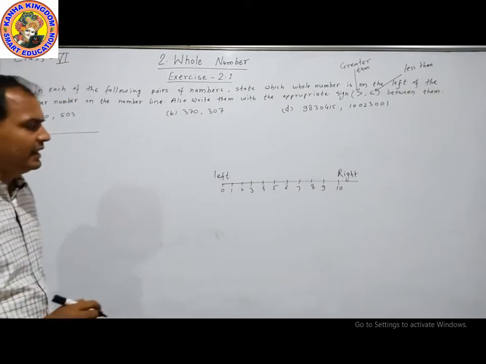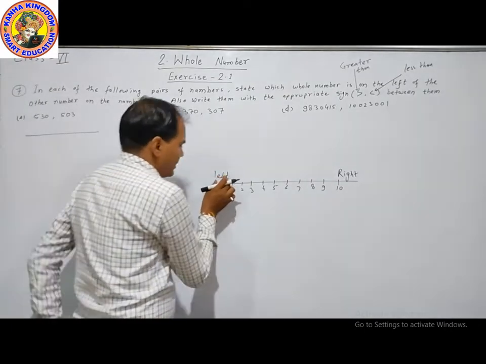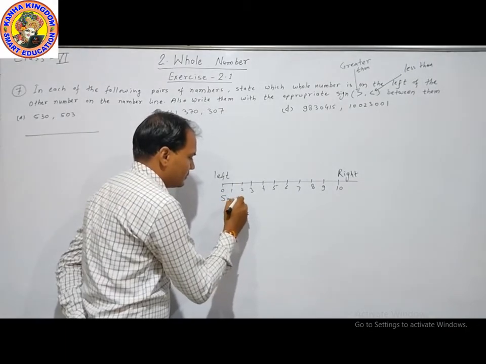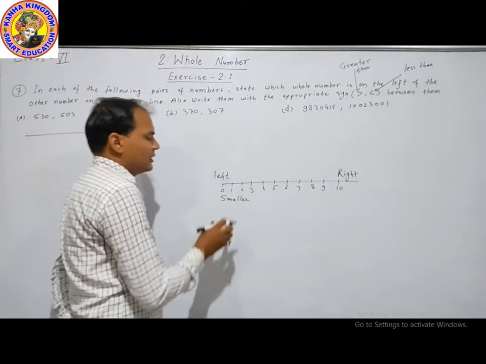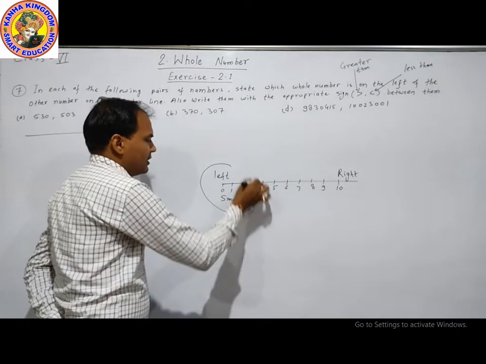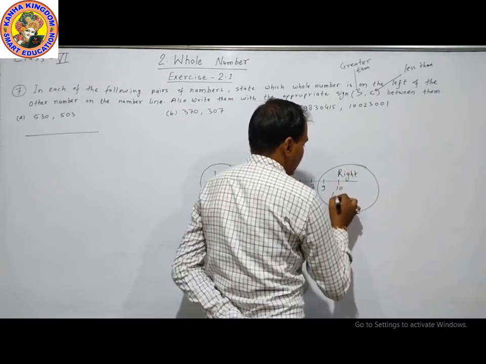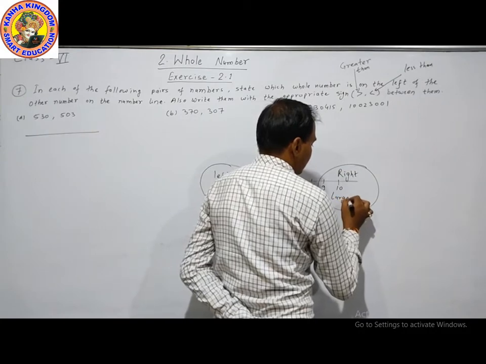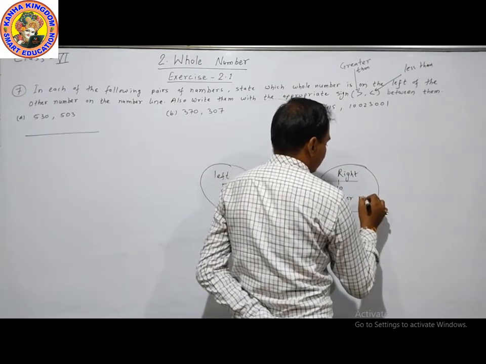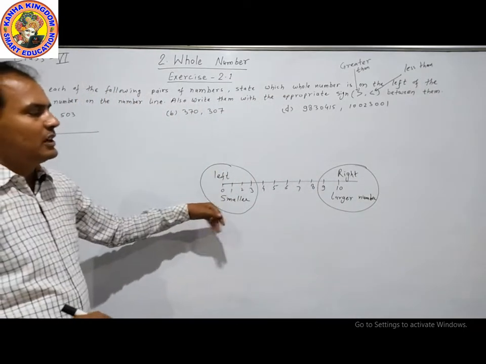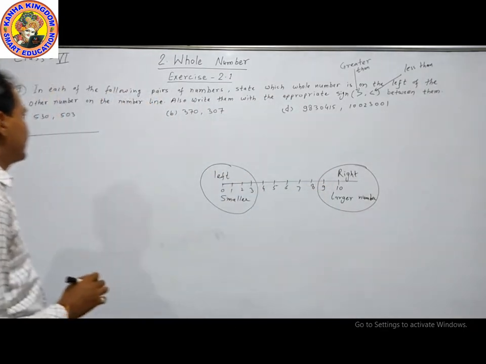We see that the left side has smaller numbers and the right side has larger numbers.